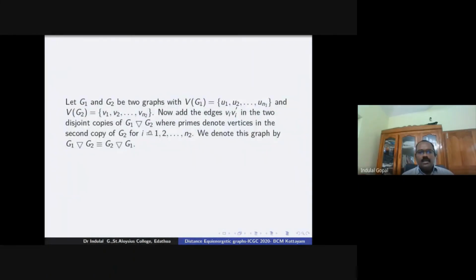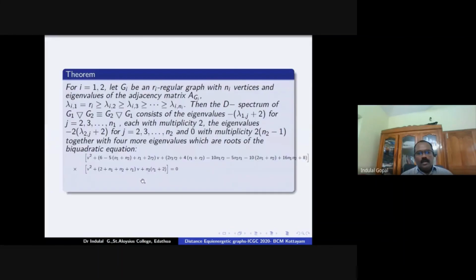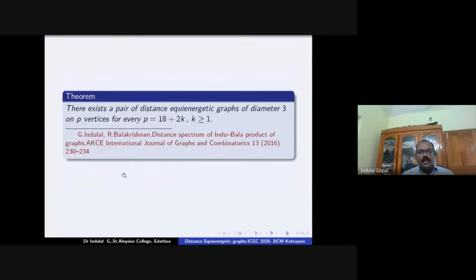The operation is: you take two copies of G1 join G2, and join the corresponding vertices of G2 in the two copies, that is, G1 join G2 joined with G2 join G1. We obtained the distance spectrum, and using that we were able to produce a pair of distance equi-energetic graphs of diameter 3 for every p equal to 18 plus 2k vertices with k greater than or equal to 1.